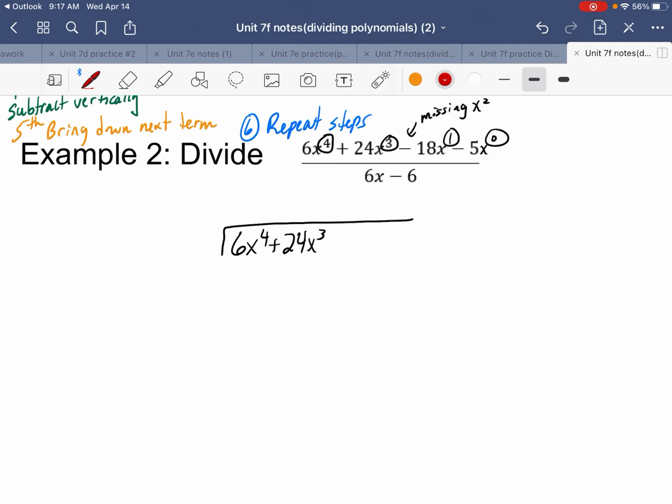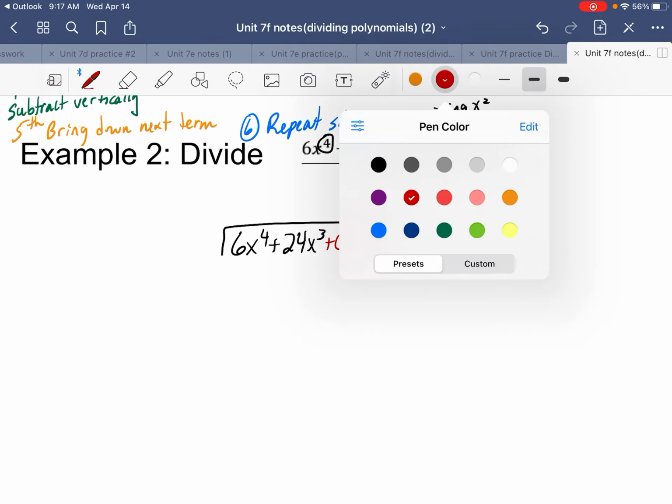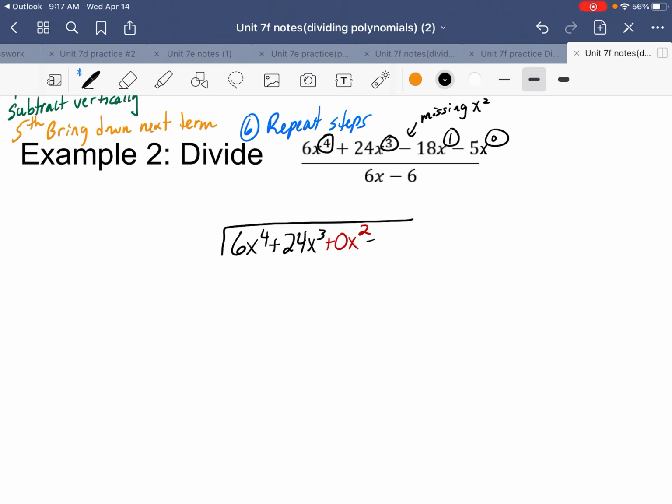Let me put this in a different color so we can see what I'm adding. I'm adding 0 times x squared, which is 0. So I'm not adding anything to change anything about this problem. It's just a placeholder. It's a term holder. And we are dividing this by 6x minus 6.